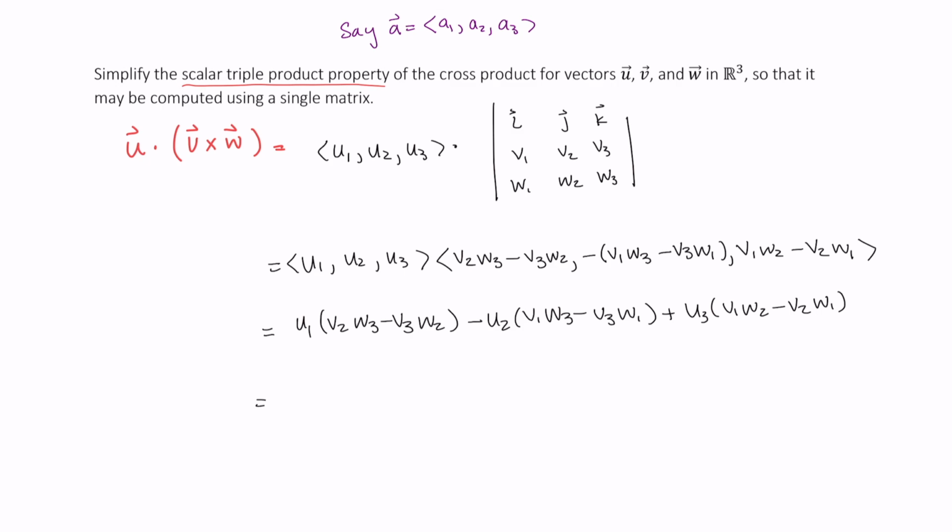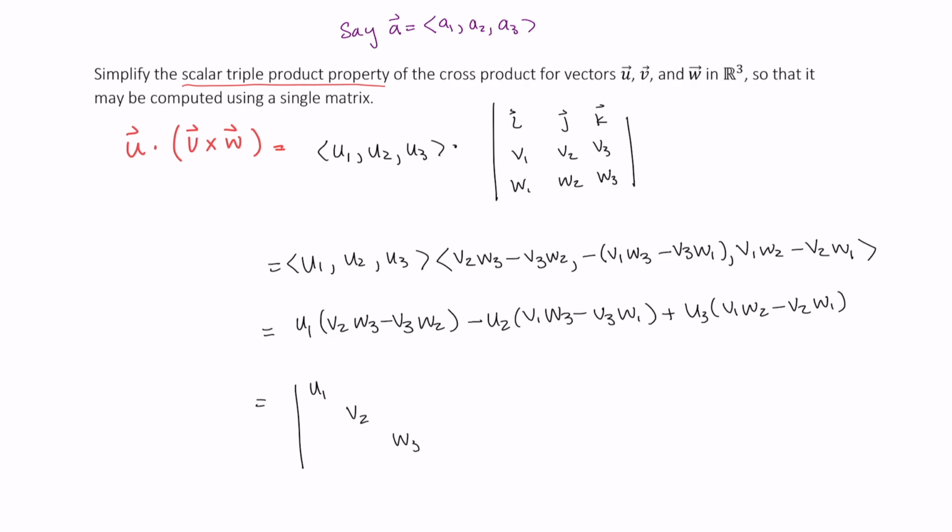So we can rewrite this as a matrix. What I mean is if I put u1 here, notice if v1 is here, that means v2w3. That's this product here. And we would have w2v3, this other product in this direction. So let's go ahead and do this.